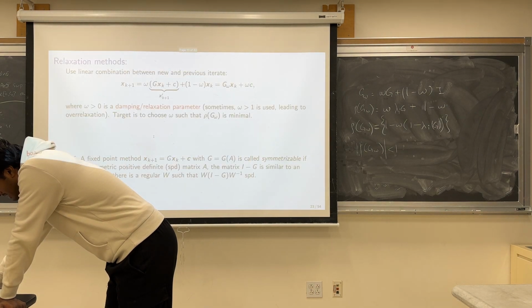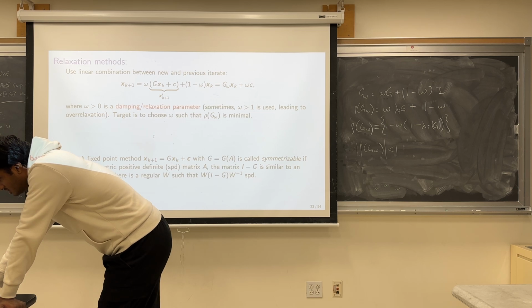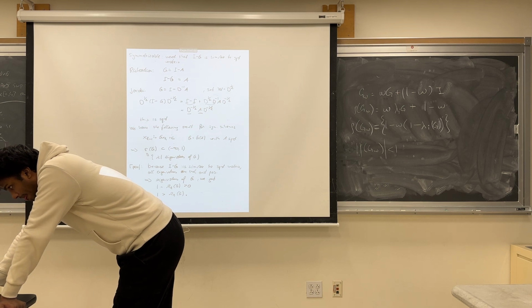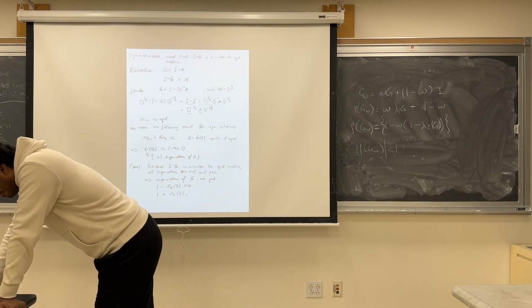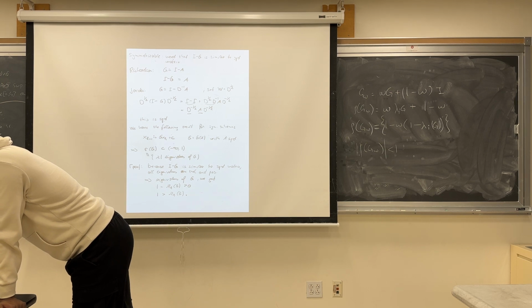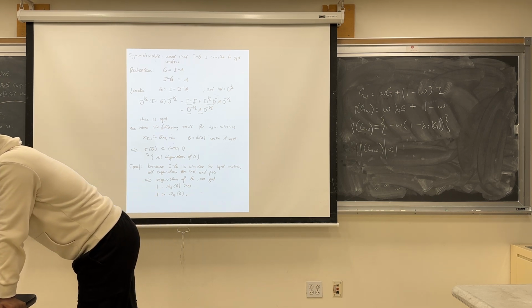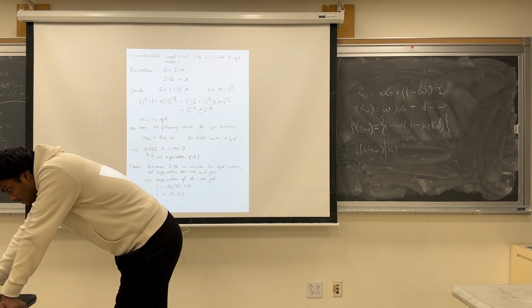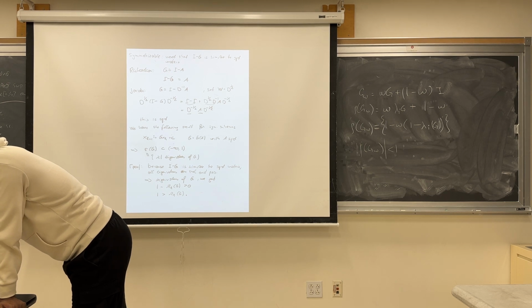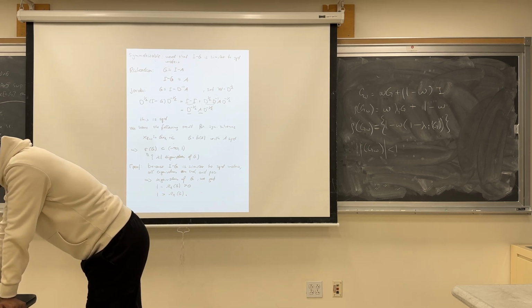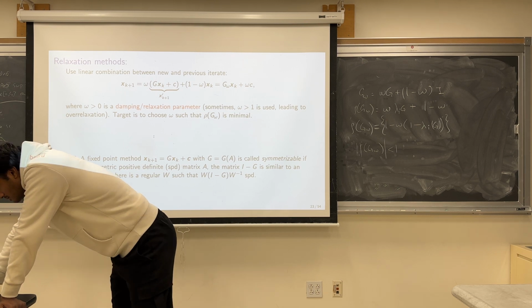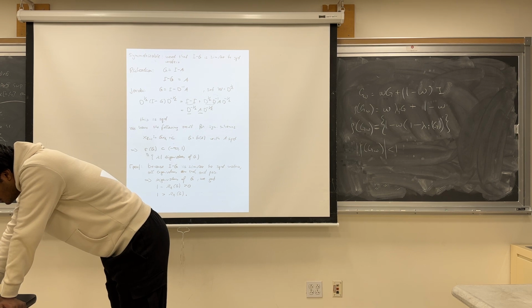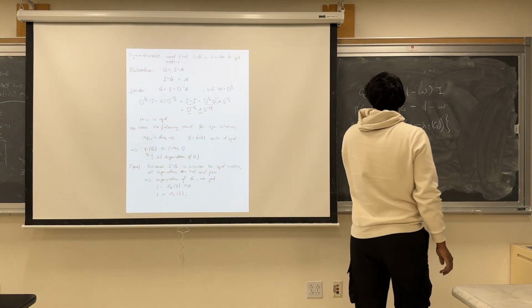Now why does that necessitate this to be symmetrizable, I minus G? Also, where did I use that A was symmetric positive definite?